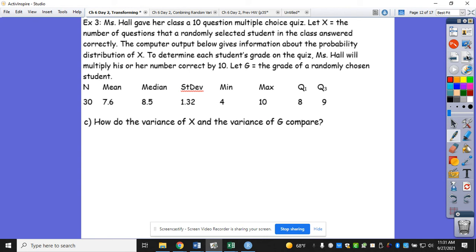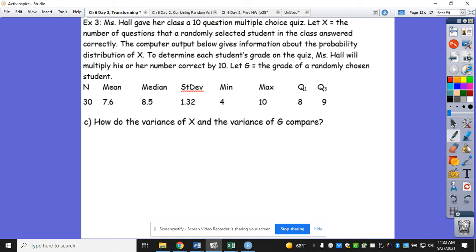How would the variance of x compare to the variance of g? The square root. So think about when we talked about the quilt squares. My quilt square going from a 3-inch to a 9-inch got 3 times bigger. But how much bigger did the actual area of the square get? Why did it get 9 times bigger?